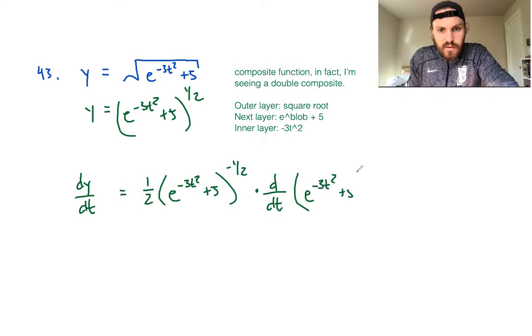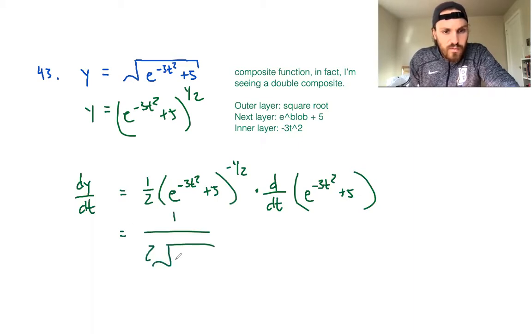Okay, so then I'm going to rewrite this as 1/2 square root e to the negative 3t squared plus 5. I'm just rewriting that, right? Because an exponent of negative 1/2 means 1/2 in the denominator, which is the square root, times this derivative.